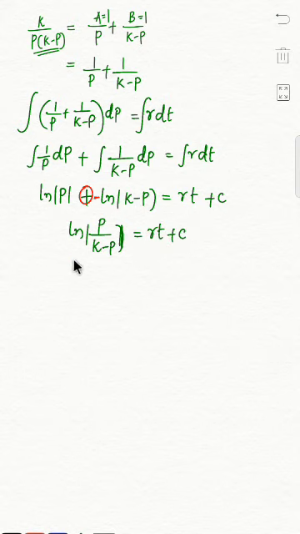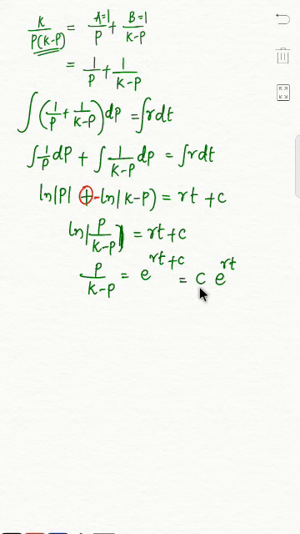Now p by (k minus p) is equal to e to the power of rt plus c, which you can write as c into e to the power of rt, where e power c is also another constant. You replace that with the c. Okay, right?